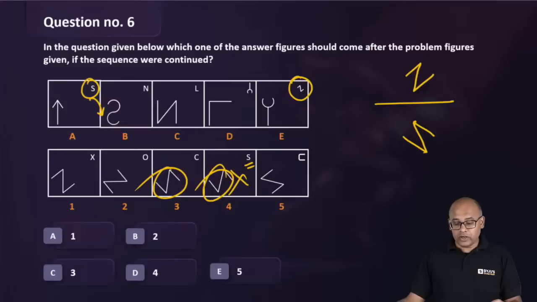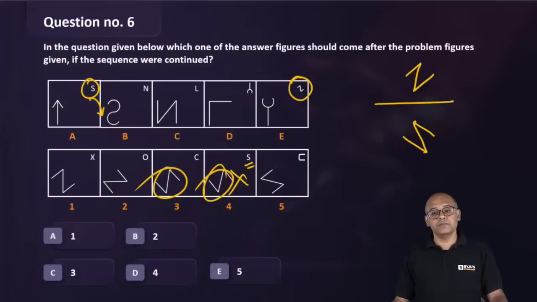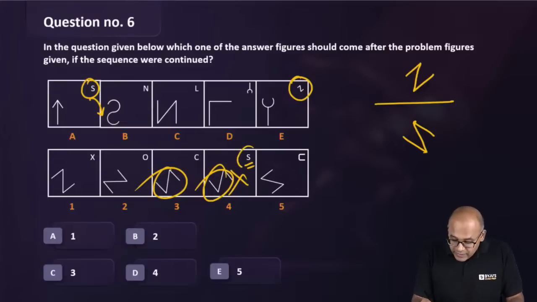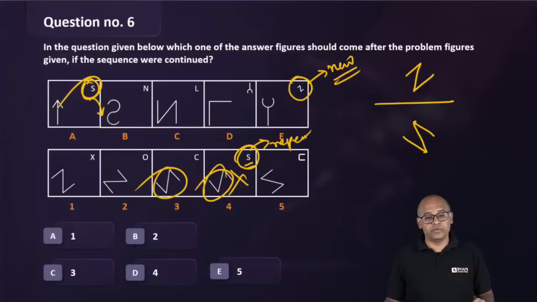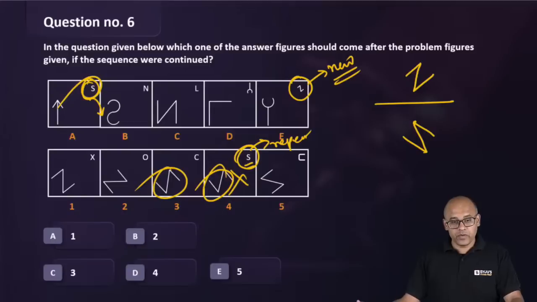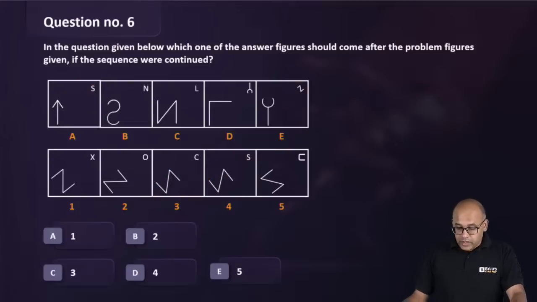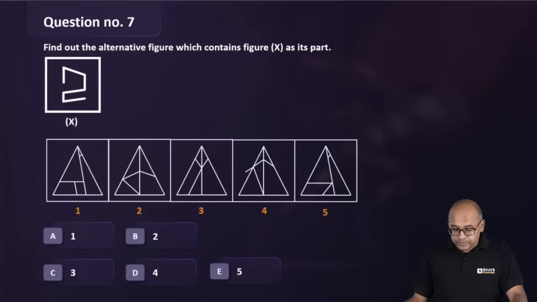Very good. Because S is repeated. You want new values every time. S is already used, so you can't have S coming back to you. Very good, Yogita.